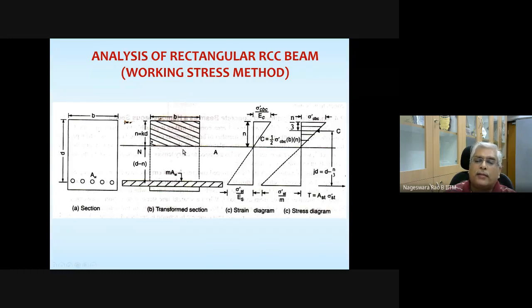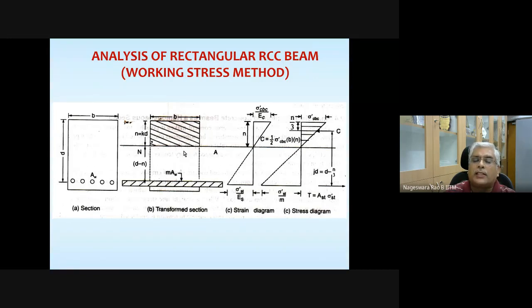Please note that we are considering a case where concrete is ineffective below the neutral axis. So m minus 1 is not there here, because only steel is taking care. So m multiplied by Ast. Is this clear? Transformed section. And please note that steel is in tension, that's why m.